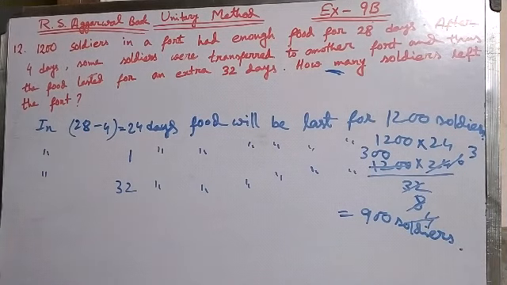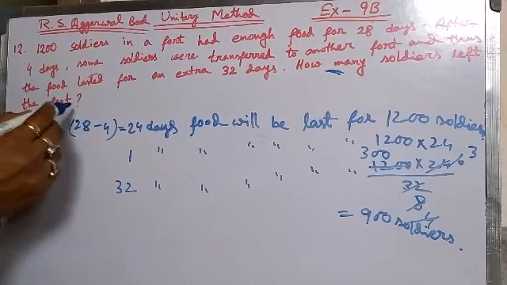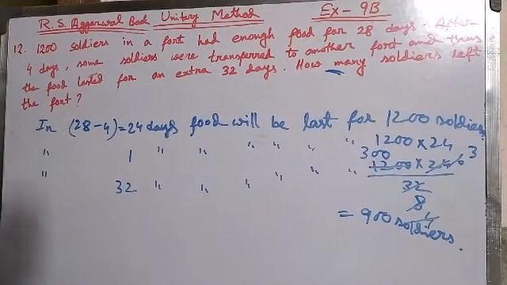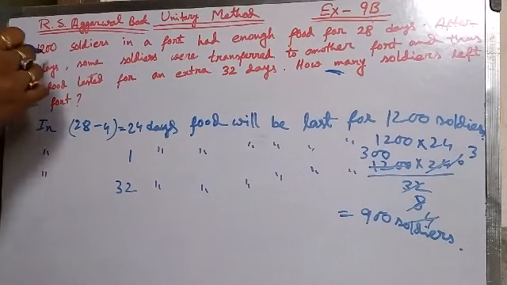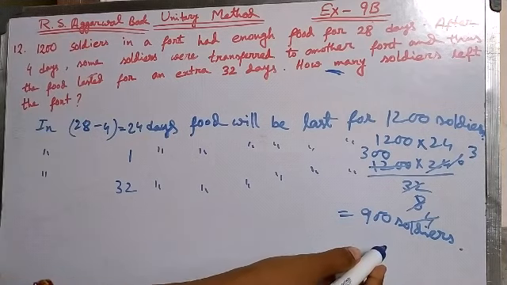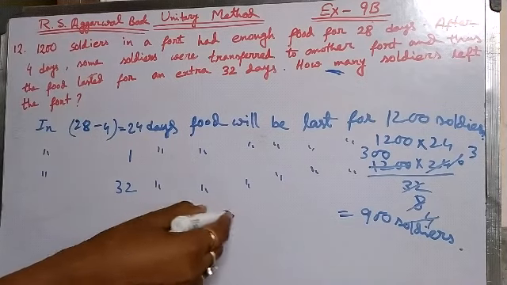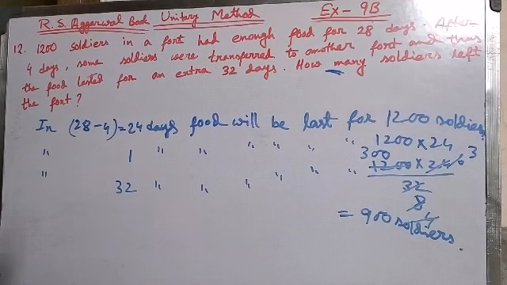So here the question is asking how many soldiers left the fort, already gone from that fort. So 1200 soldiers are there. Then 900 soldiers, 32 days food will last for 900 soldiers. Then how many soldiers have already left?